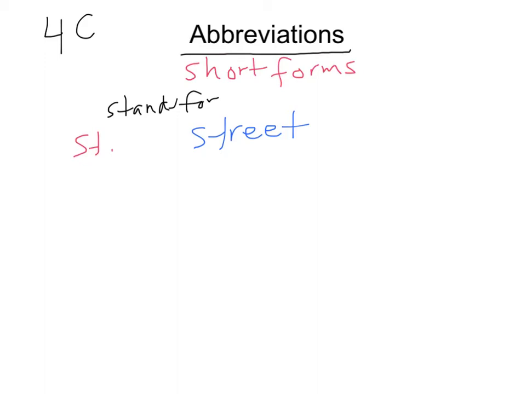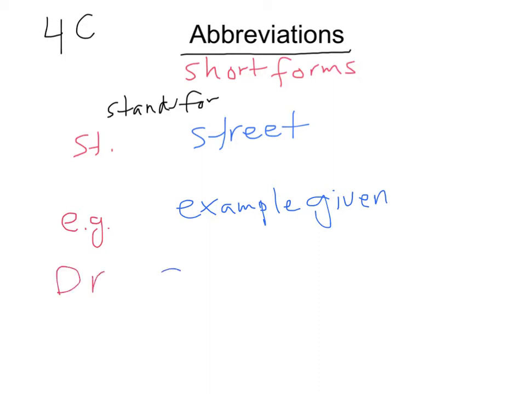And also the abbreviation EG means example given. For example, مثلا تعني مثلا. DR, as you know, means doctor. So all of these are abbreviations.